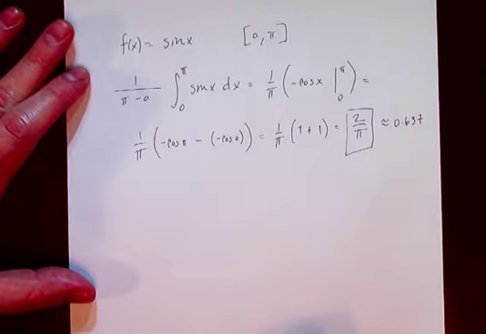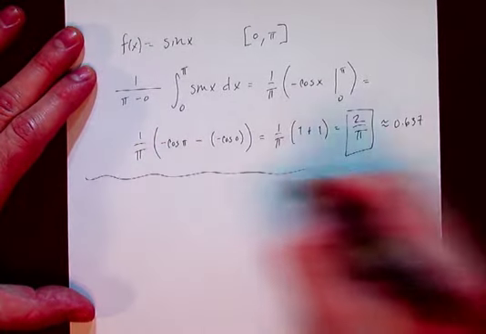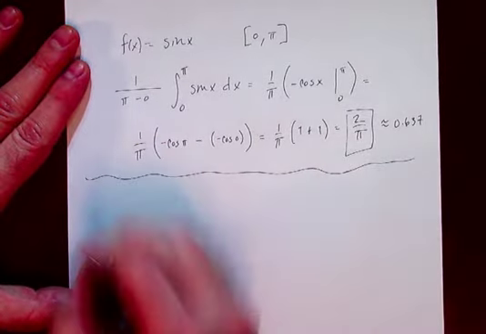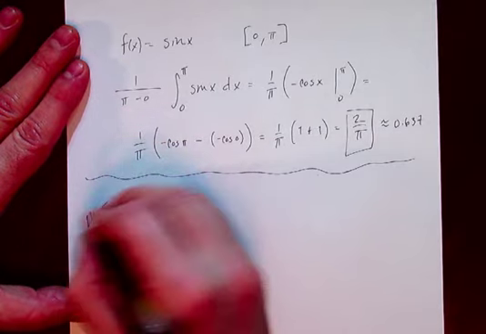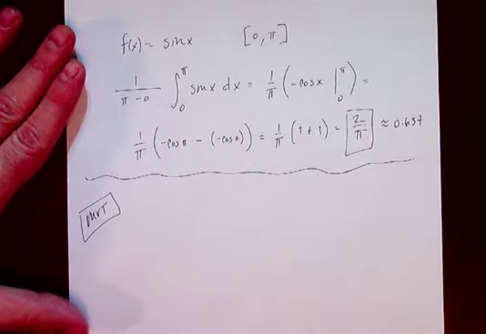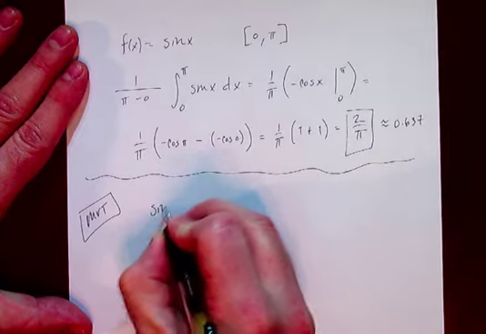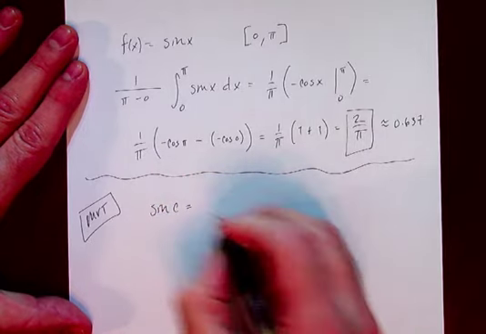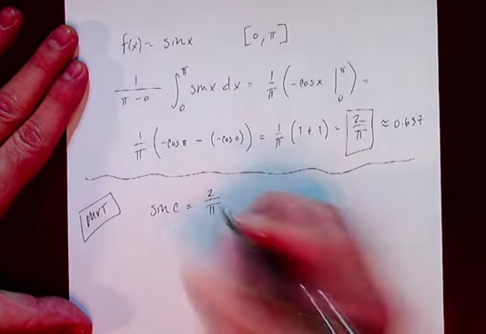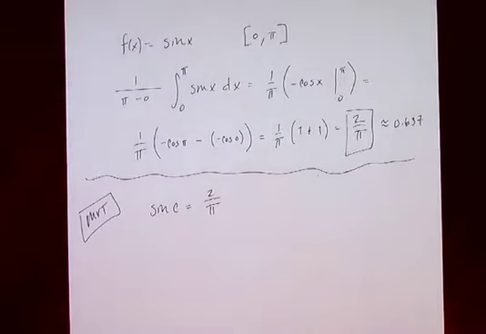Now, here comes the fun part. Let's go ahead and ask ourselves, what is the c value that makes sine have an output of 2 over pi?